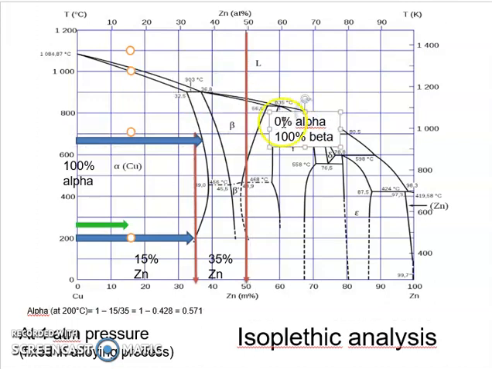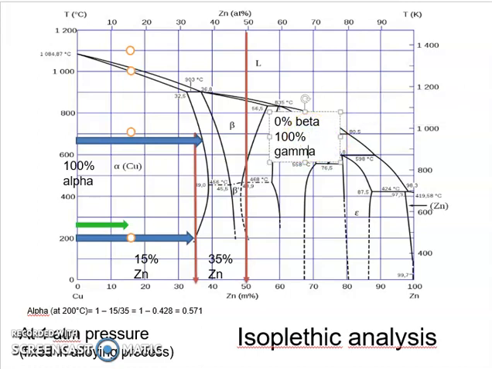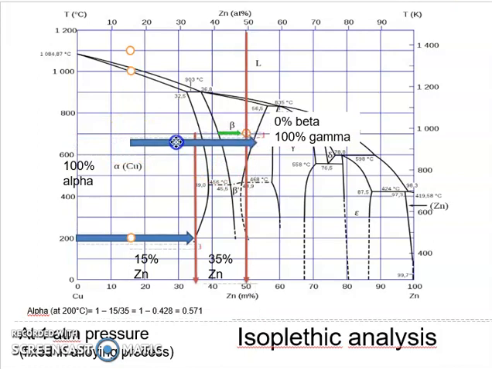So in the next line we have 0 beta and 100 gamma, the next crystalline structure. So the only thing we need is to find the concentration of crystalline phase gamma at this point. So we start from the beginning of the region, and the total distance in the region, that's the total distance.